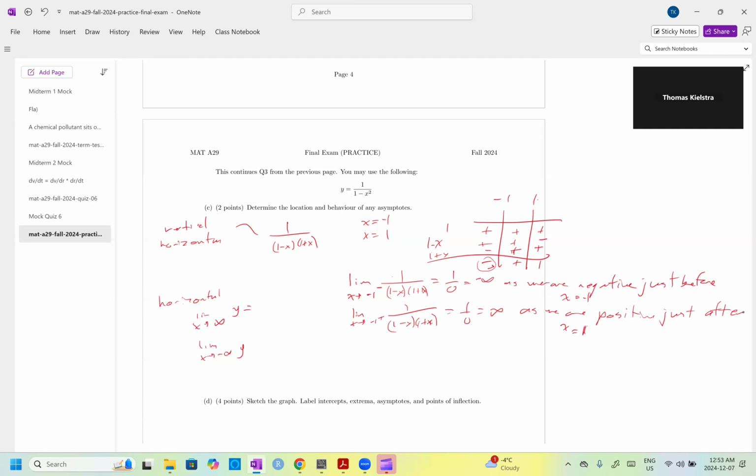And if we take the limit as x goes to infinity of y, we get 1 over 1 minus infinity squared, which equals 1 over minus infinity, which equals 0. So we do have a horizontal asymptote of 0.